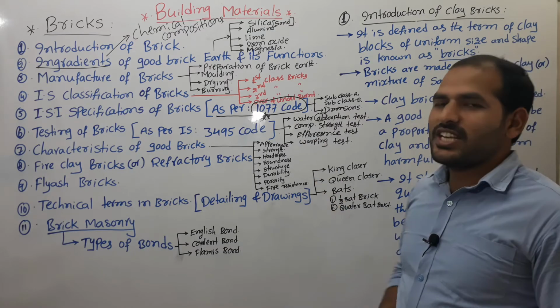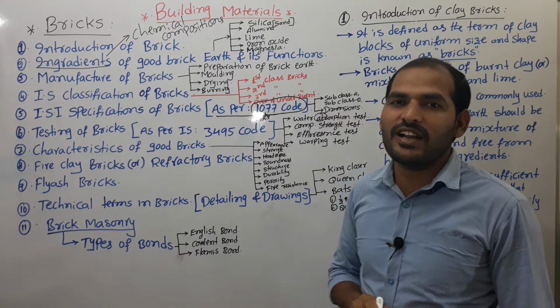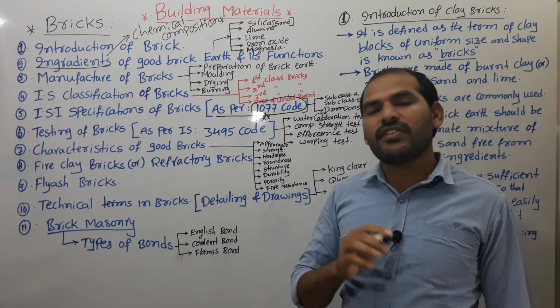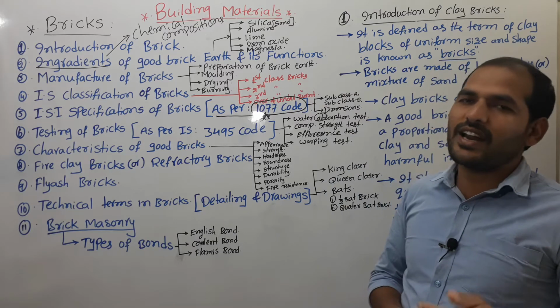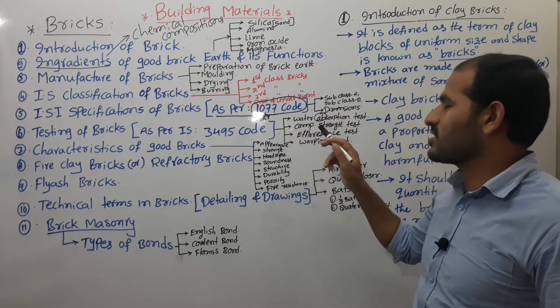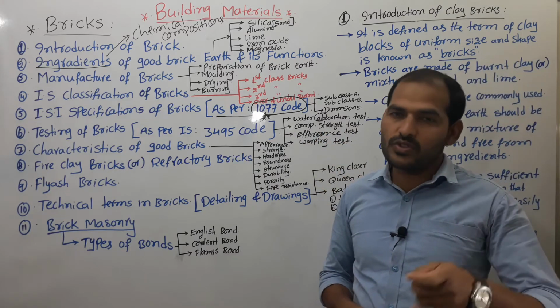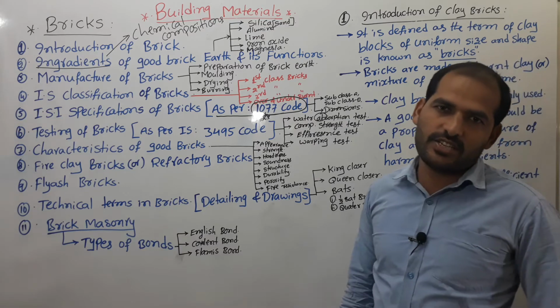And the second test is the compressive strength test. Based on the compressive strength also we decide whether a brick is a first class brick, second class or third class, or overburnt or underburnt brick. And the next one is the efflorescence test, right?